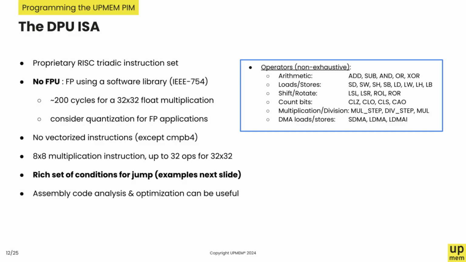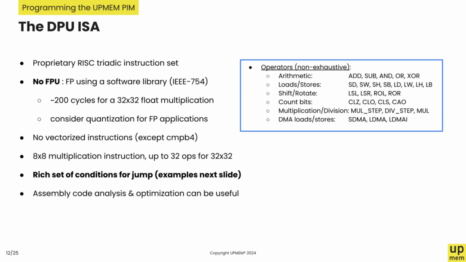It does a mul-step based algorithm, the same sort of multiplication you learn in school, digit by digit. So in the worst case, it's going to take 32 operations to do a multiplication. But if one of your operands is small, it's going to be a lot faster, because it terminates early. And for additions, that's fine. You have 32 bits addition.